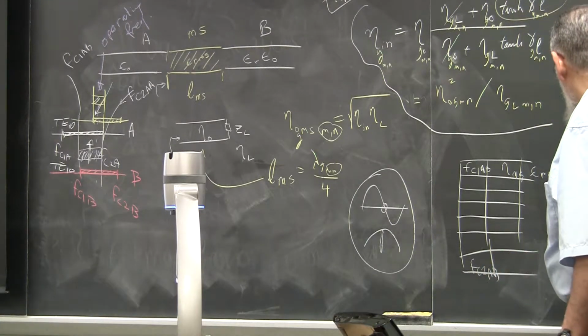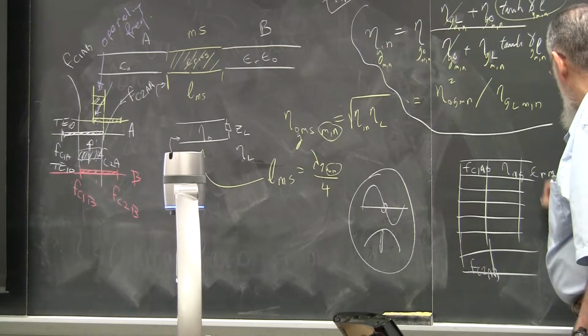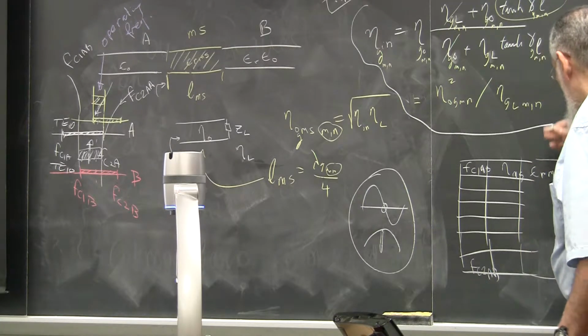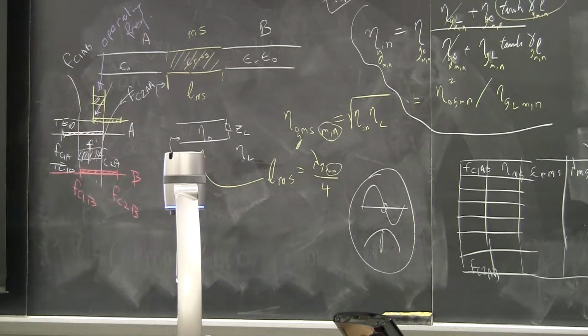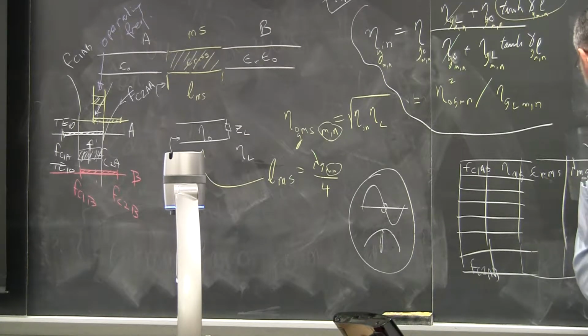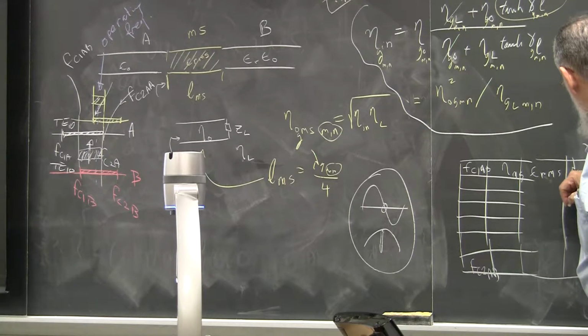Find the wavelength for your matching section. So you have a bunch of possibilities here. Then for each epsilon, you want to find out your cutoff frequencies. So for each one of these epsilons, you will have FC1 and FC2 of the matching section.